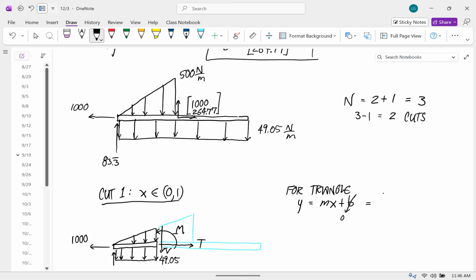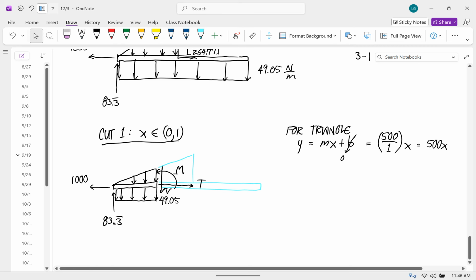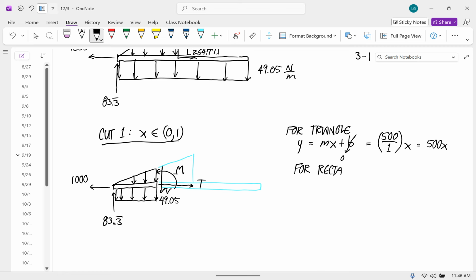So it rises 500 over a run of 1. So 500x. Okay. For the rectangle, the height is just 49.05. And so our total Q function is 500x plus 49.05.